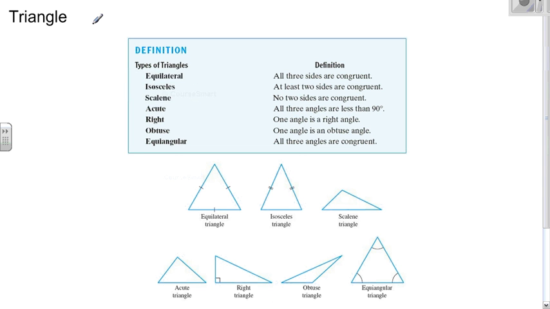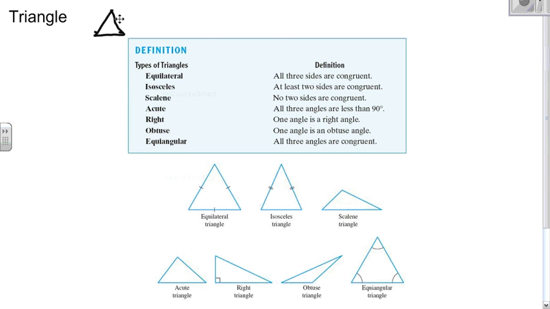We've already discussed that if you have 3 points, you have a plane, but if you connect those 3 points, you get a triangle. Triangles fall under the category of simple closed curves, which just means it's a closed figure and we can draw lines and curves to form it.